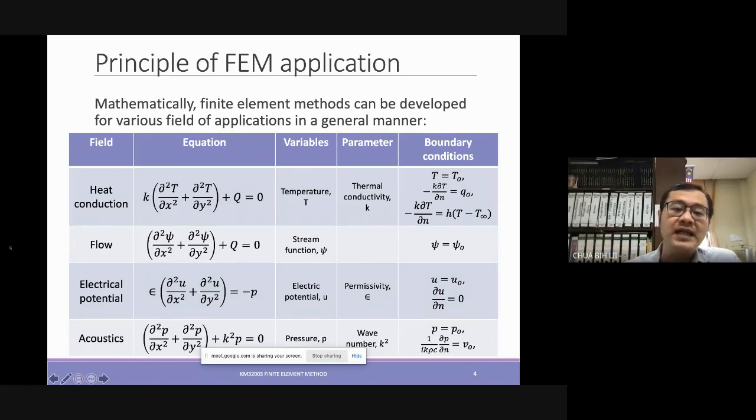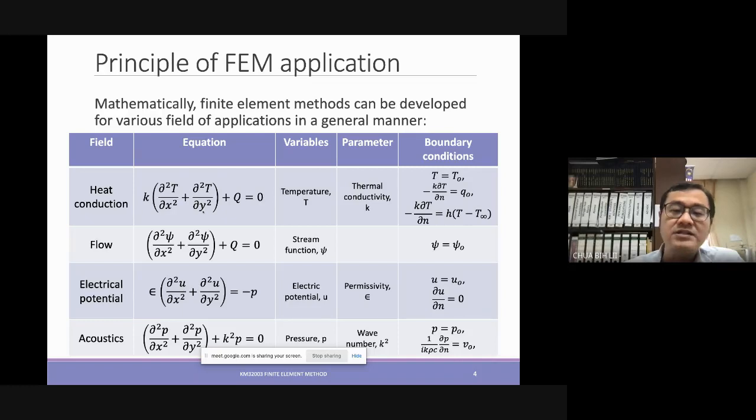Therefore, most of the time it is a heat conduction type of analysis, or thermal analysis. For this heat conduction field, the equation involved is k(∂²T/∂x² + ∂²T/∂y²). This T represents temperature, and X and Y represent the two-dimensional directions.